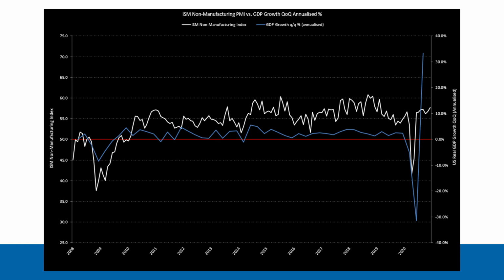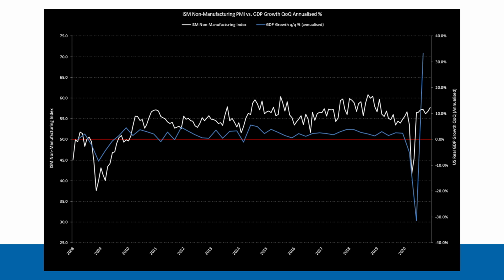So that when the service sector peaks, GDP growth quarter-on-quarter annualized seems to peak as well, and also trough at the same time, moving in the same direction, negative, and also troughing at the same time. And there's generally also a correlation there between when the NMI slows down and comes off from its peak, so does GDP growth.